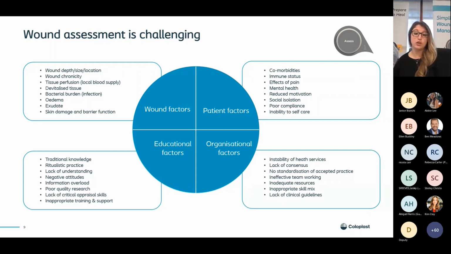You also need to look at your organisational factors, and this could include a lack of consensus and no standardisation of accepted practice. There is a deficit in wound care education, and often this education is given to us by our colleagues, by long-standing ritualistic practice, but it could also be within organisational factors that there's ineffective team working.